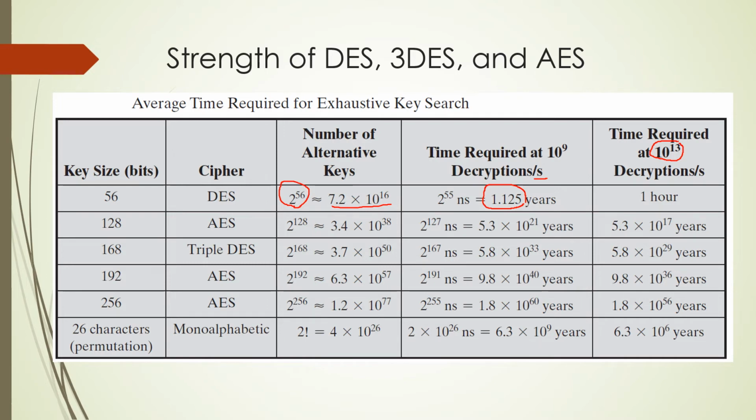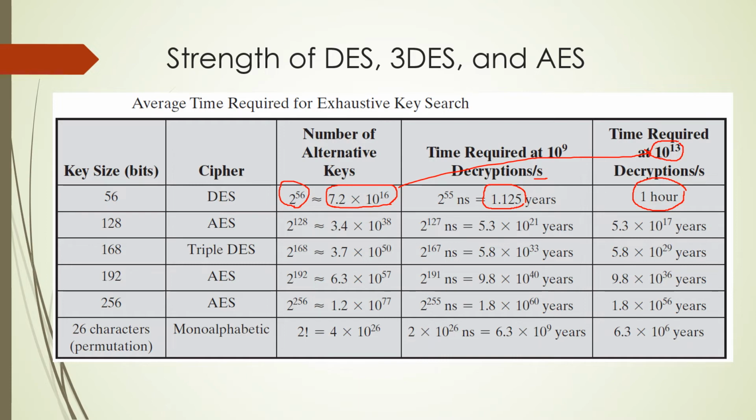Then in that case, that supercomputer can break a DES key within 1 hour, because if you divide the total number of alternative keys by the speed of decryption by a supercomputer, the answer would be about 1 hour or 3,600 seconds, or in that range, right? So it's not safe. DES is not safe with the current speed of computers.